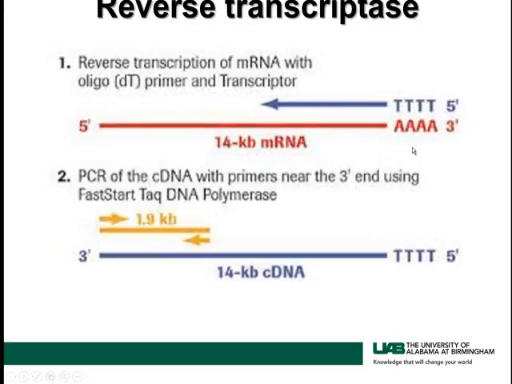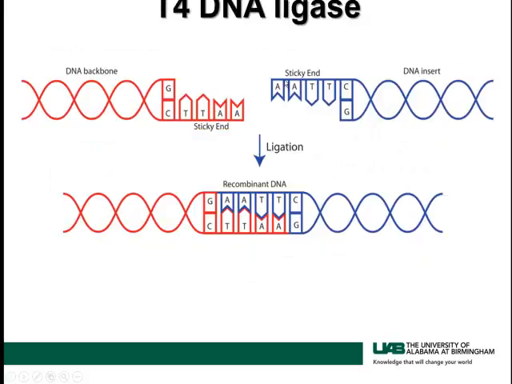But what we did was we simply isolated total RNA, and then we amplified the RNA by using gene-specific primers and so forth. Okay? And the final enzyme that I want to talk about is T4 DNA ligase.